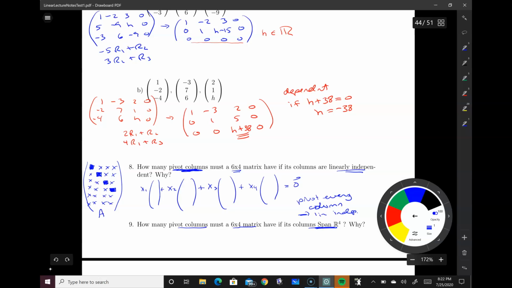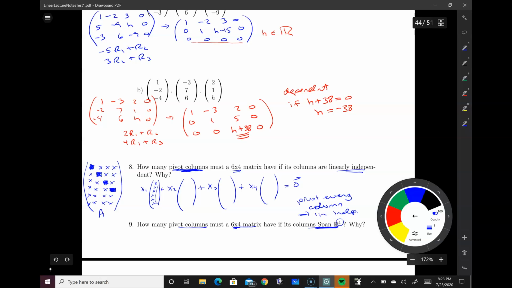Okay, so how many pivots do I need to have for the columns to span? So you remember that big theorem too. In order to span R4, in order to span a system, you need to have the number of pivots. But let's think about this. Wait a minute. If I'm looking at these vectors here, these elements are in R6.